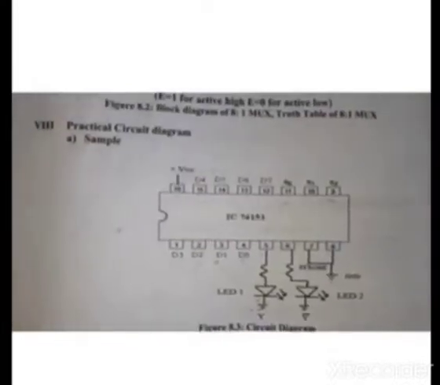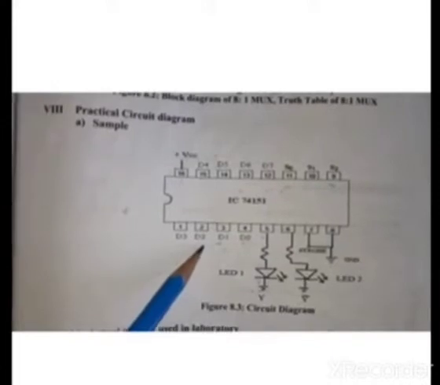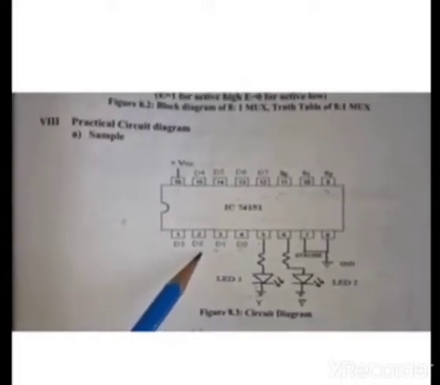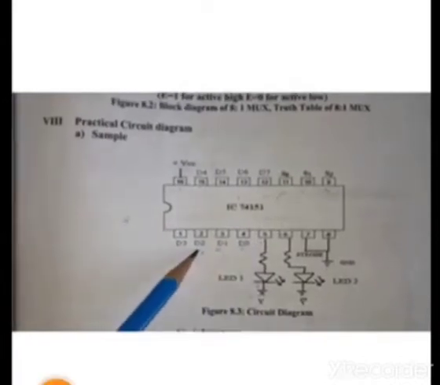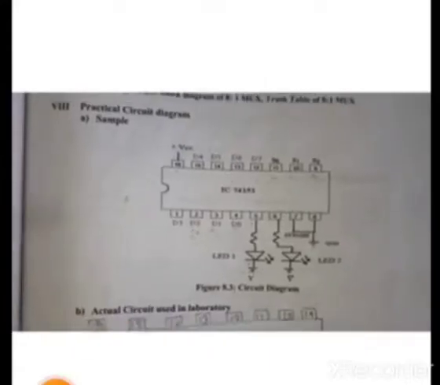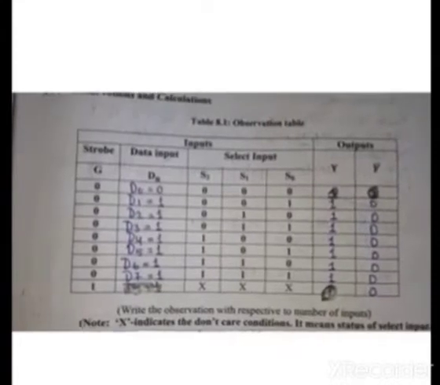Now let's see the observation table. This is the observation table of the 8:1 multiplexer.